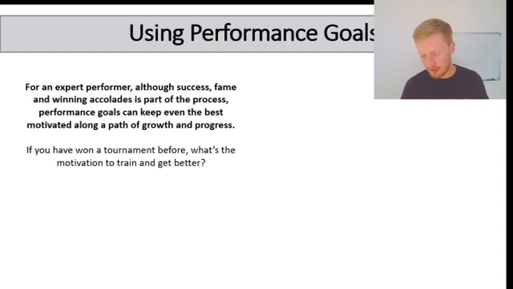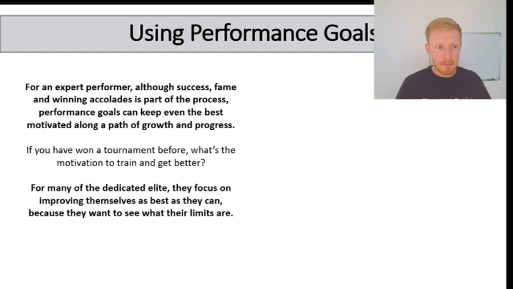It's probably going to be their profession, but where's the motivation coming from? For many of the dedicated, it's more down to, I want to be the best I can be. If I can shape my body, skill, mindset, fitness, if I can shape all of those things and become the best version of me, that's what I'm striving for.